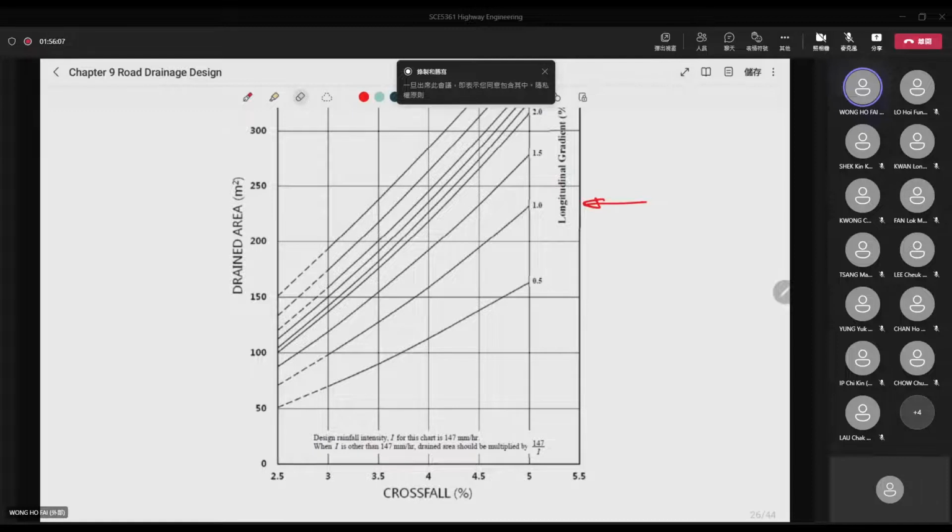The crossfall is down. What is the value of the crossfall? Okay, 3.6%, assuming it is here. Okay, what is the longitudinal gradient?